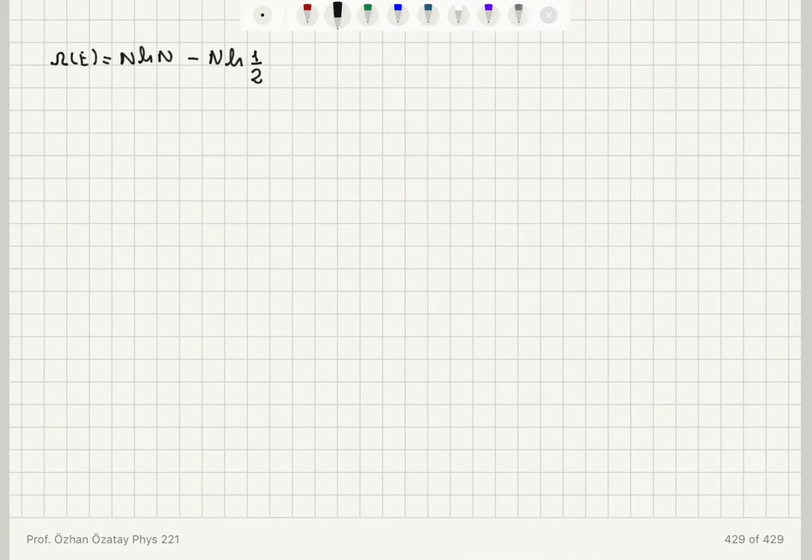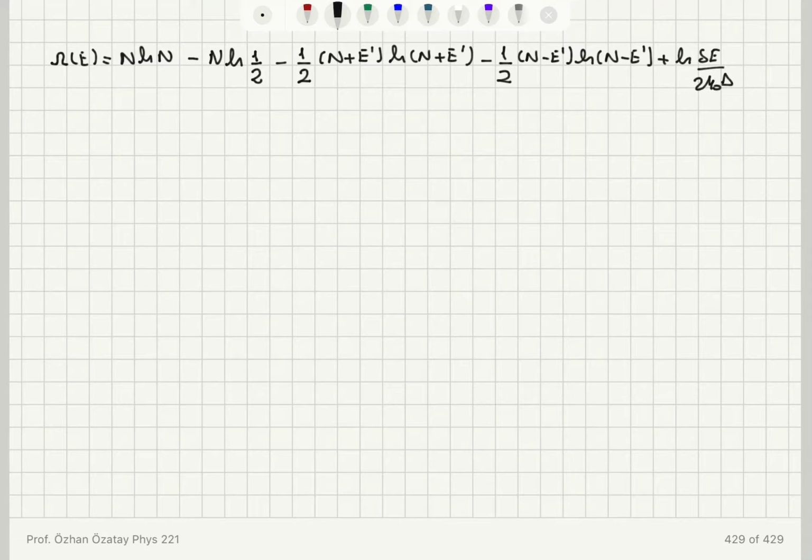So this becomes minus capital N ln 1 over 2 minus 1 over 2 n plus e prime ln n plus e prime minus 1 over 2 n minus e prime ln n minus e prime plus ln delta e divided by 2 mu 0 b.